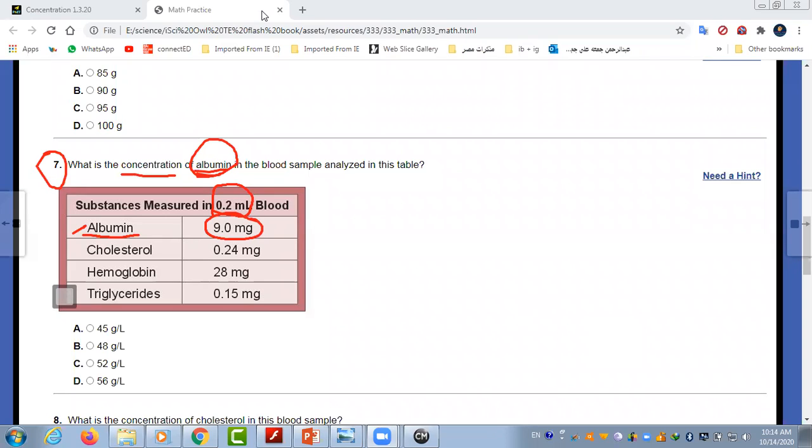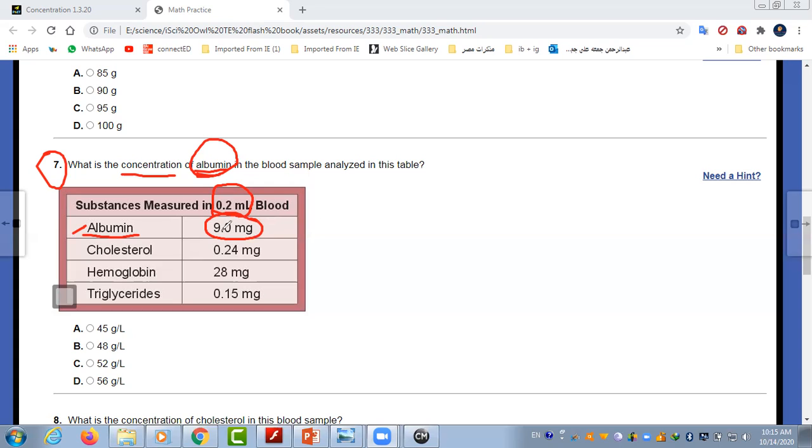Okay, Majid Al-Qahtani, unmute yourself. Yes, teacher. What did you do here? I take milligrams. Yes, milligrams is mass.